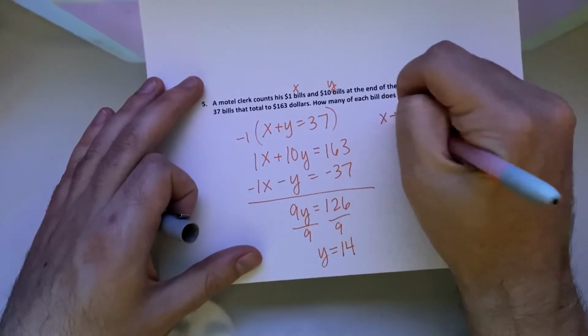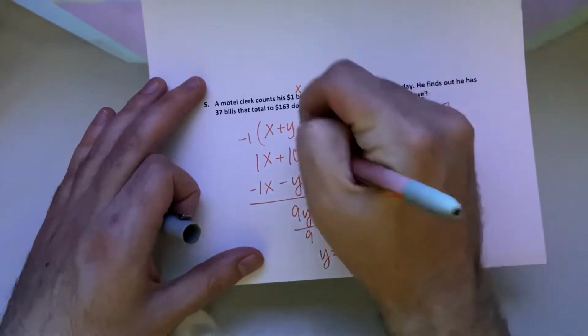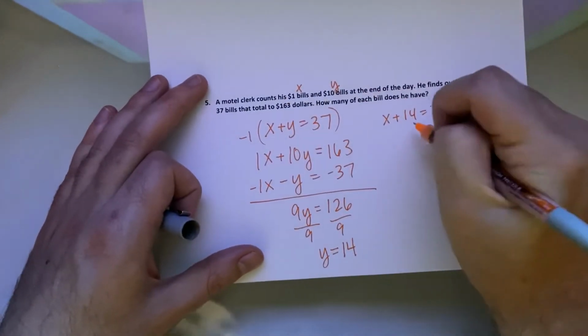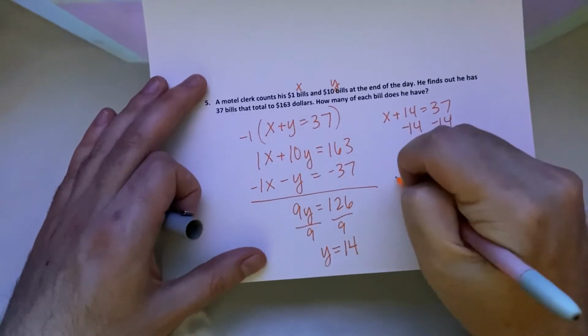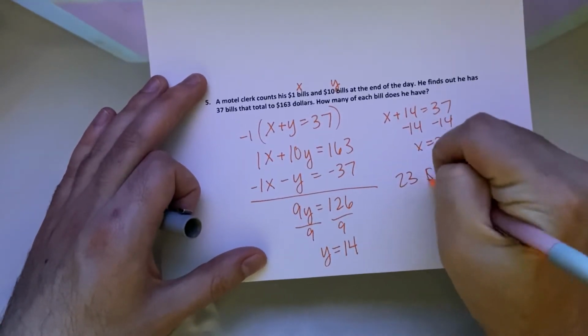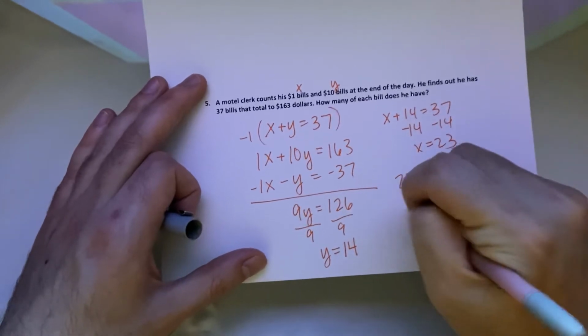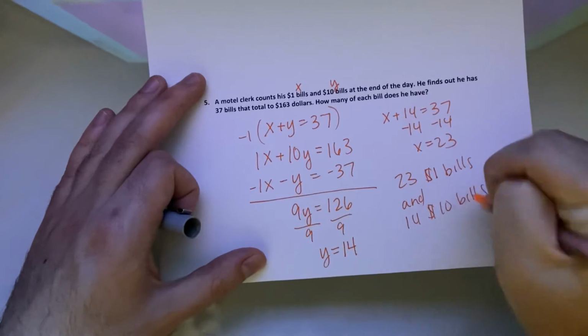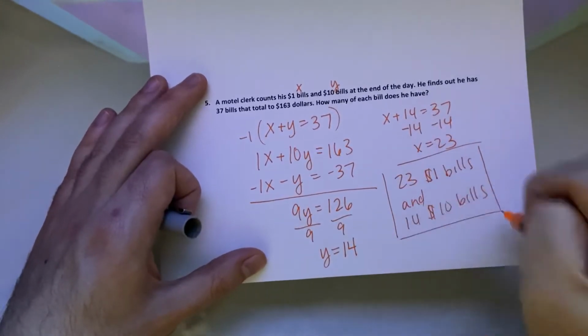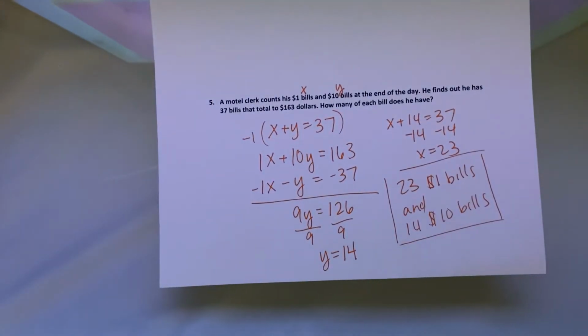Now we know x plus 14 equals 37. Substituting the 14 back into the original. Subtract the 14 to get x is 23. That means he has 23 $1 bills and 14 $10 bills. Not too bad.